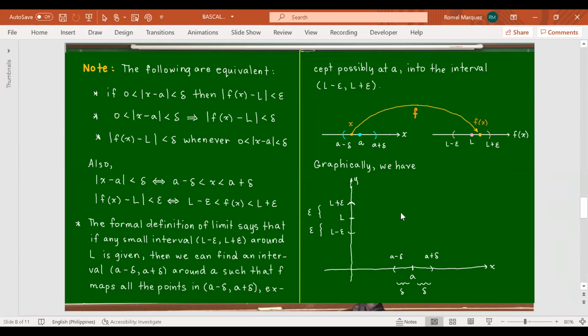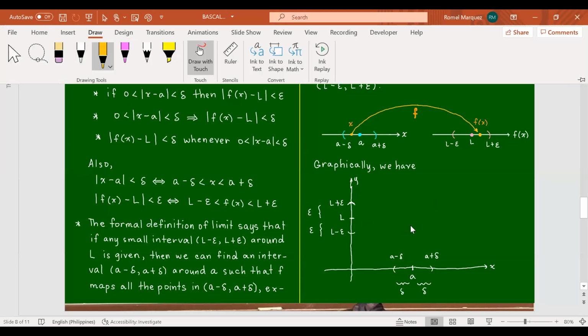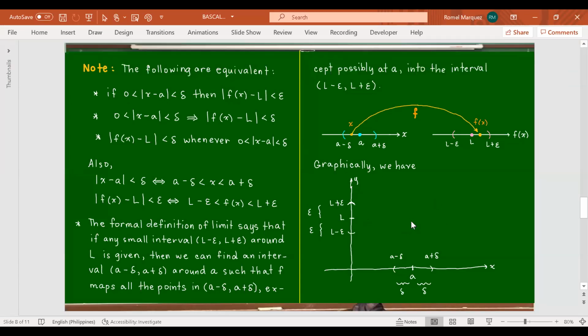And if I consider the point here, generally it is a hole, meaning the function is generally not defined there. But no problem if it is defined. We're not after x equals A, but the behavior of f of x as it gets closer and closer to A. Okay?